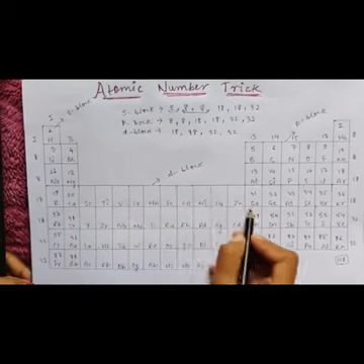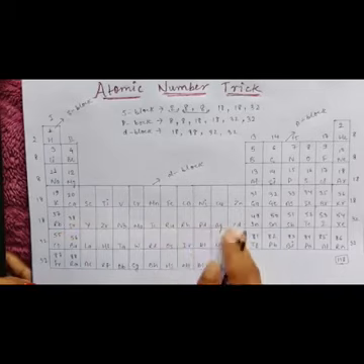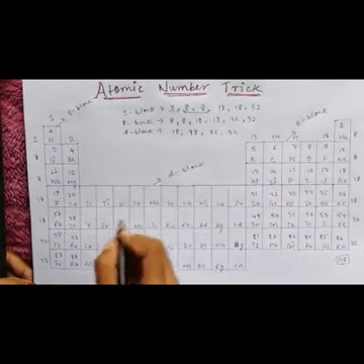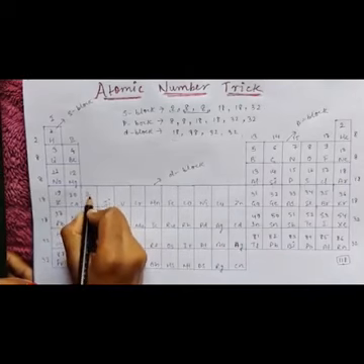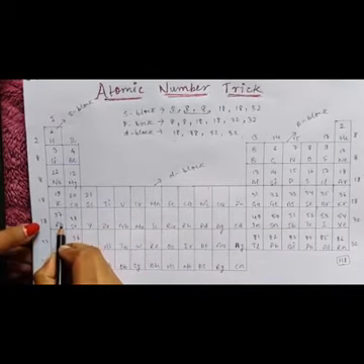Now we discuss the d block elements. So d block elements are the transition elements. The place of the d block elements in the periodic table is between s and p, s ki p ki madhyalo. These are the d block elements.